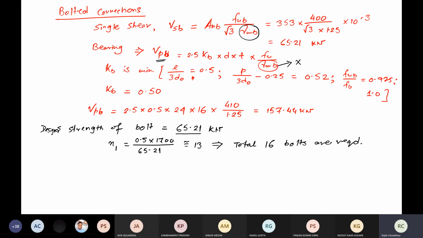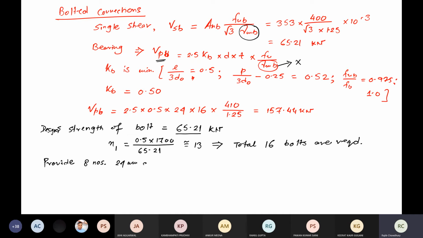Now, for the betterment of our connection, I would equally divide the total 16 bolts between both faces. So provide 8 numbers of 24 mm bolts on each flange, in 2 rows or in 1 row on each flange.